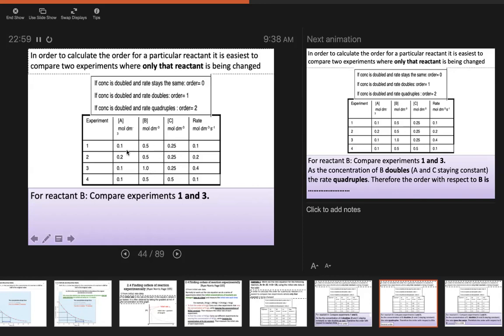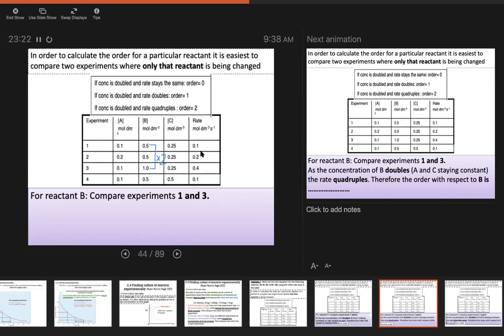A is 0.1, 0.1. B is 0.5 to 1. C is 0.25 to 0.25. So that means in experiment 1 and 3, only B is changing. Agree? So 0.5 to 1 is times 2.